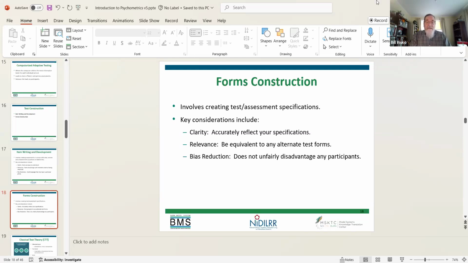So you want items developed over the whole spread of that trait. So you have a chance to see if someone has a little anxiety or moderate anxiety or a lot of anxiety. So it's very important to write questions to cover that whole span.